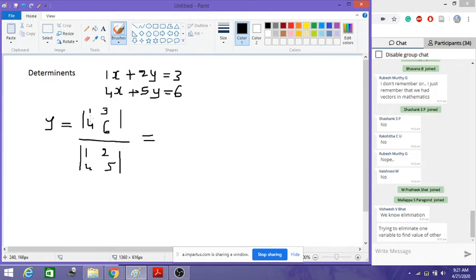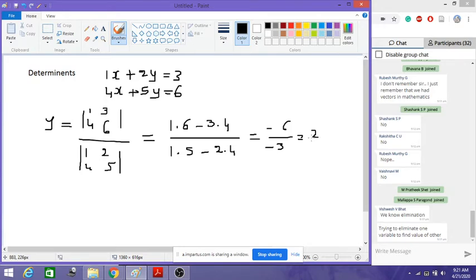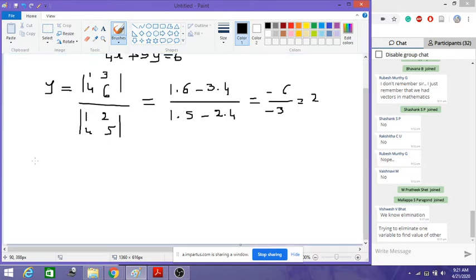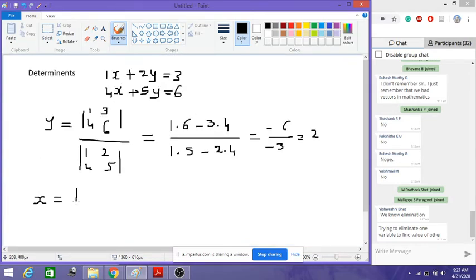Then it is just the cross multiplication: 1 into 6 minus 3 into 4, divided by 1 into 5 minus 2 into 4. Basically we get the same thing here, that is minus 6 by minus 3 equal to 2. Now let us look into finding the other unknown, that is x. Now x can be obtained as the coefficient of y with the right hand side. So that is 3.